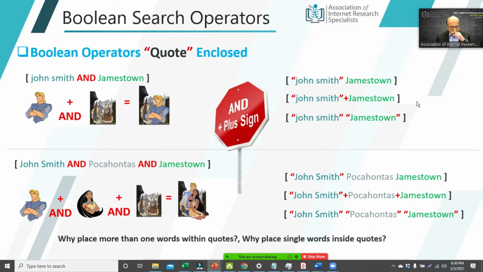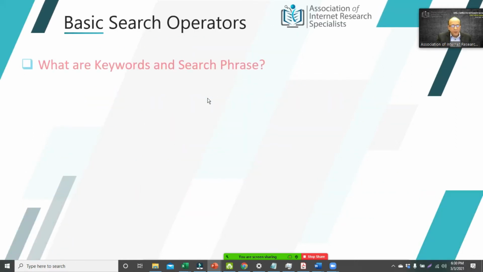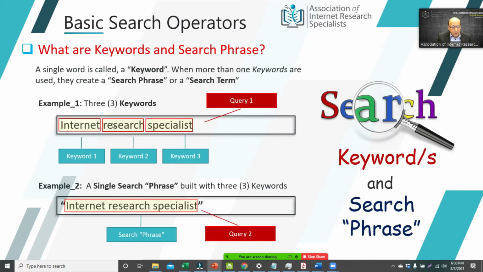Now, before I do that, I want you to have a better understanding of quotation marks, because unless you know why we use quotation marks and the importance of quotation marks, we won't be able to explain this slide. We will come back to it after I have explained what it means and what the quotations will do to a search phrase.